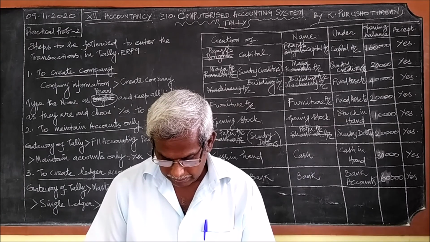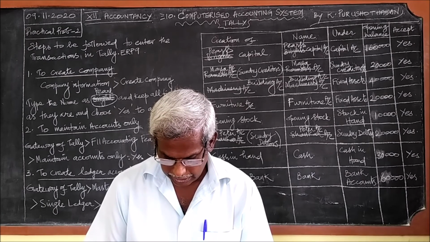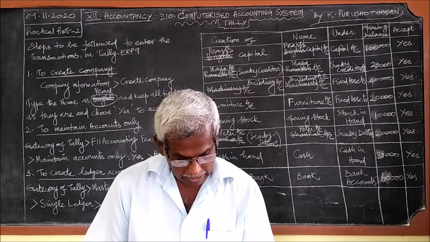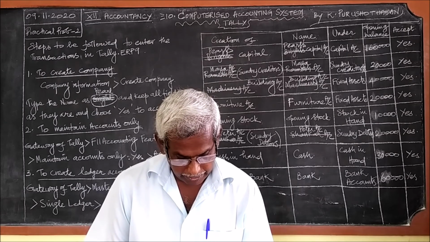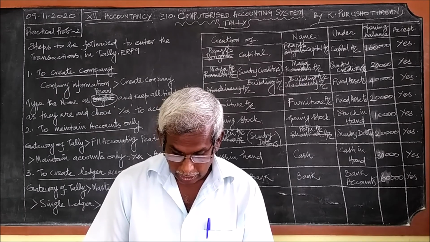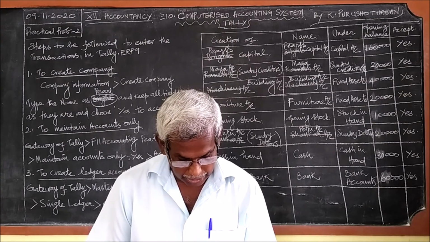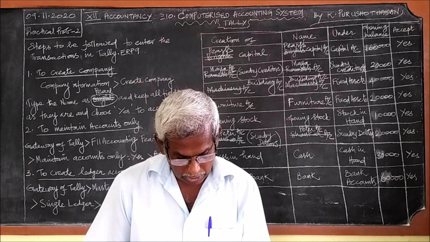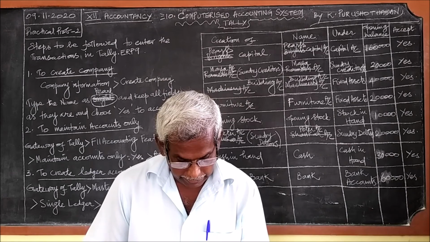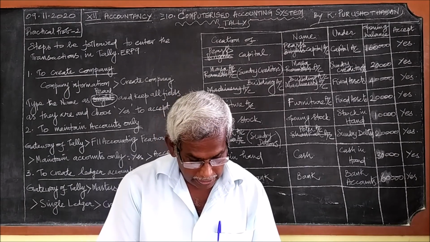Then there are some theory parts in it. Short answer questions regarding the voucher, accounting vouchers. This is an important question. And what are the predefined ledgers available in Tally ERP 9?